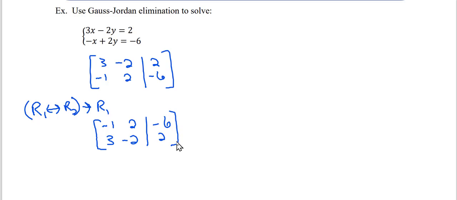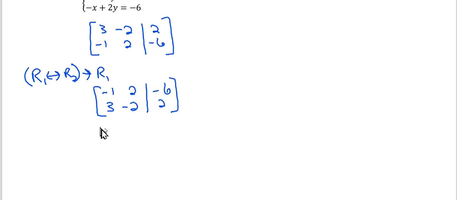I am trying to get a 1 in the top left spot. The way we get a 1 is we multiply the equation by the reciprocal of what's there. We would multiply by 1/3 to get a 1 in this spot. That would make this number turn to -2/3 and this turn to 2/3. I don't want to deal with those fractions if I don't have to, so that's why I'm switching that.